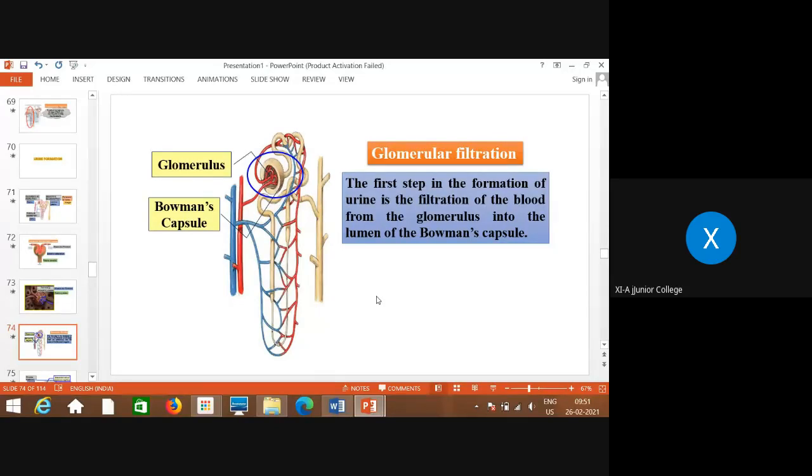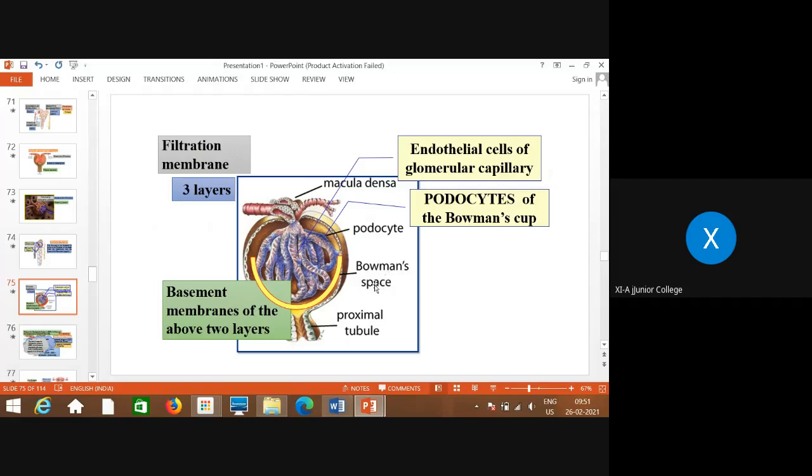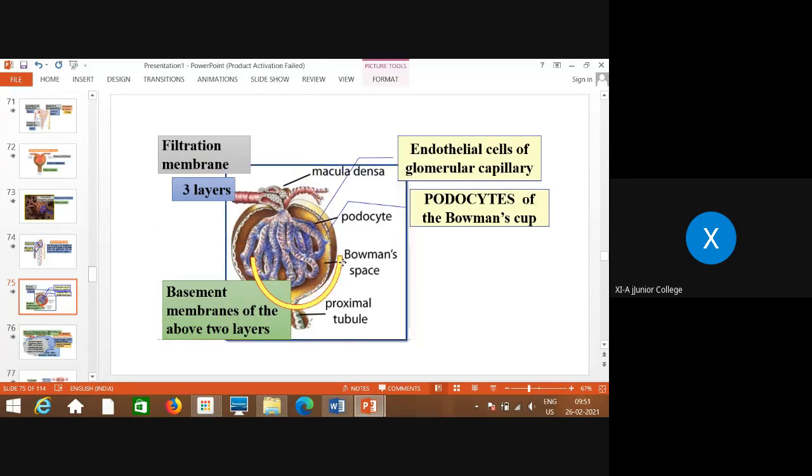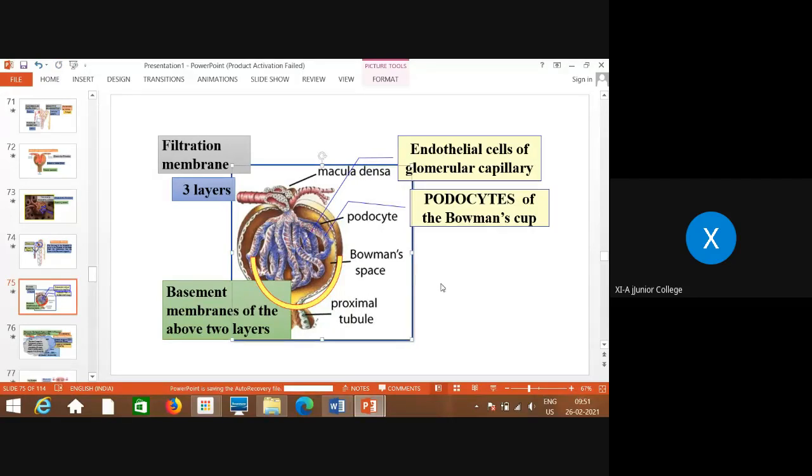Whatever cavity is present between the inner and outer layer of Bowman's capsule is shown in this diagram, this region, by this yellow colored curve.